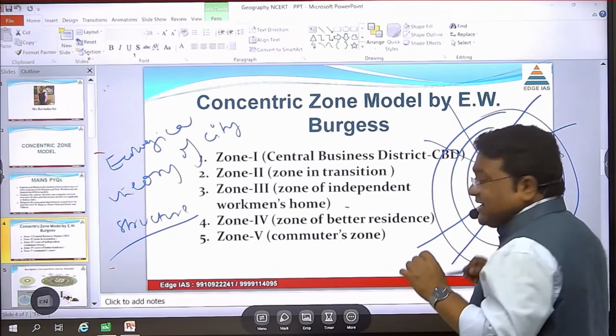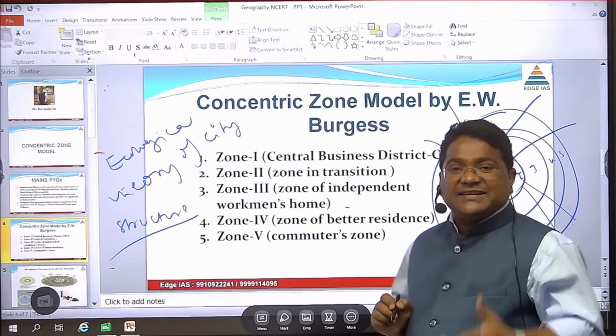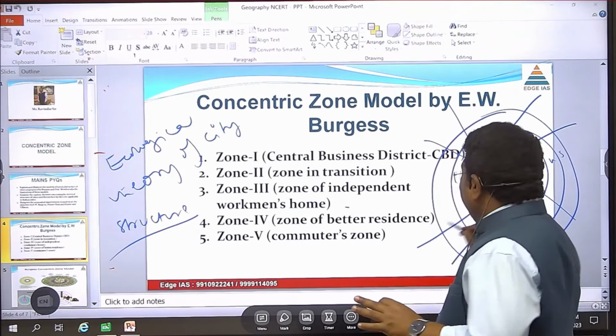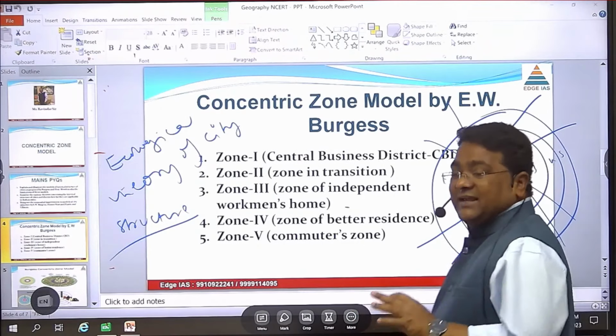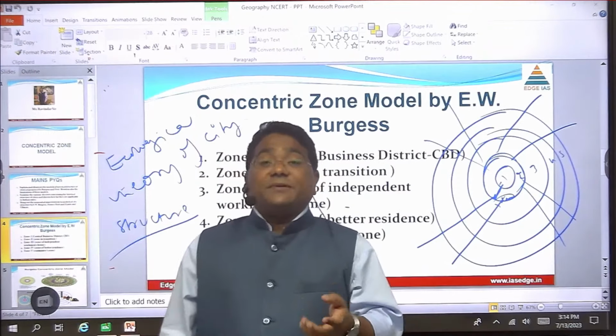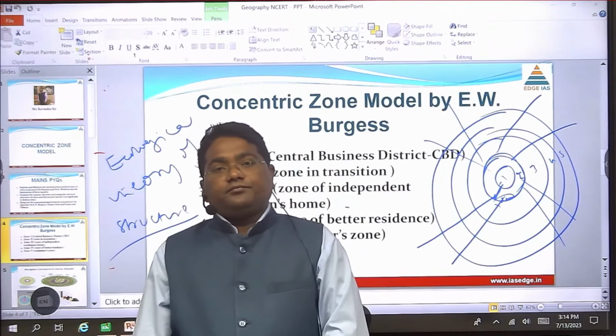Zone 2 also has light industries, and slums are present in this area; you might have seen slums in the zone 2 area.